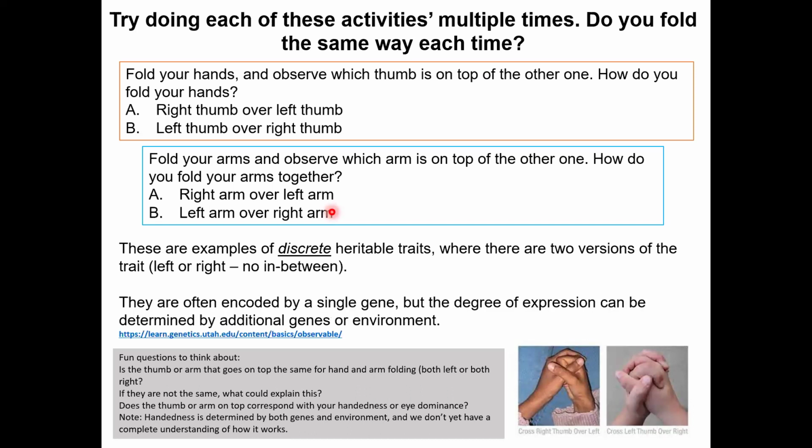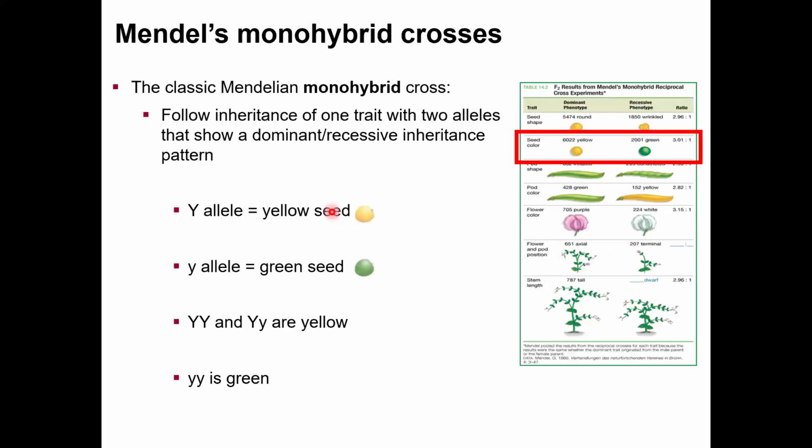These are basically encoded by a single gene, but the degree of expression can be determined by additional genes or environments themselves. Now, to figure out how the inheritance of these traits occurred, Mendel used what is called a monohybrid cross, and he started off looking at the inheritance of one trait, which in this case was the seed color.